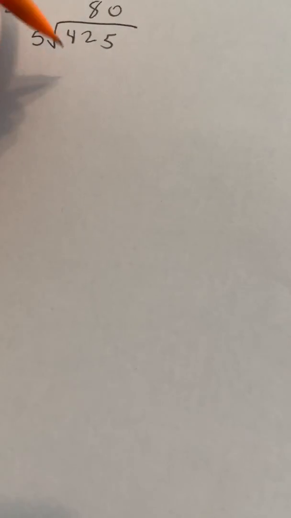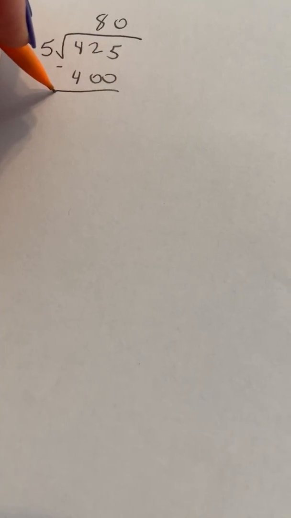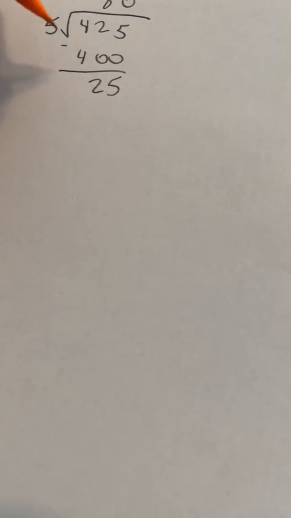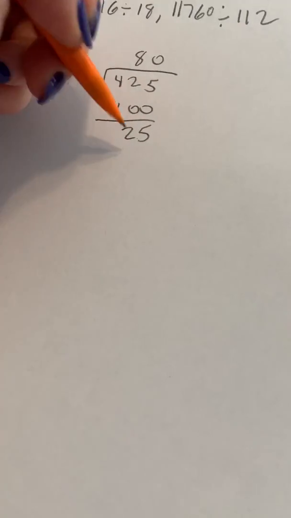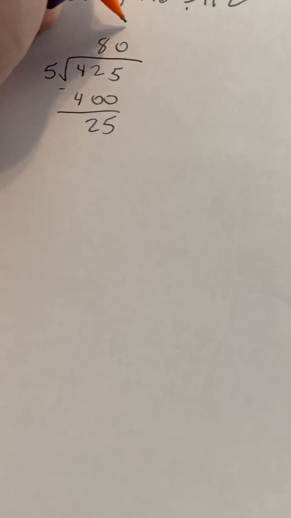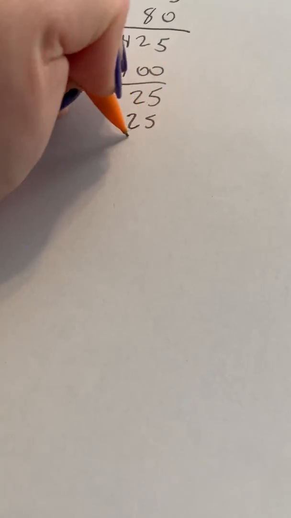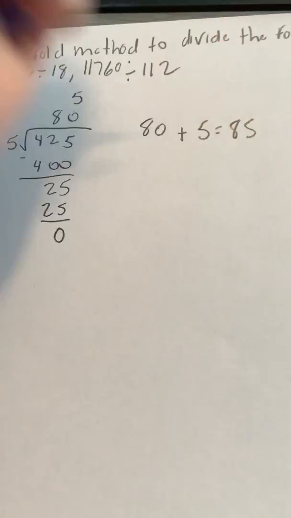So 80 times 5 is 400. So what you do is you subtract 425 minus 400, and you get 25. And then now we're going to see how many 5s can fit into the 25. So that's going to be 5. So you're going to add a 5 above the 80 right there. And then you're going to do 25, so that's 0.